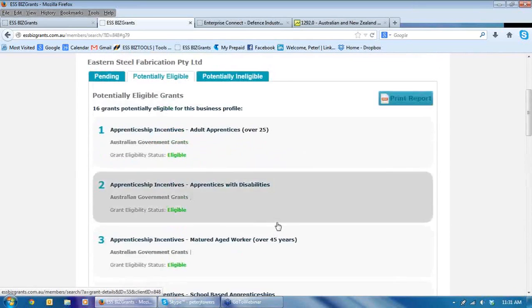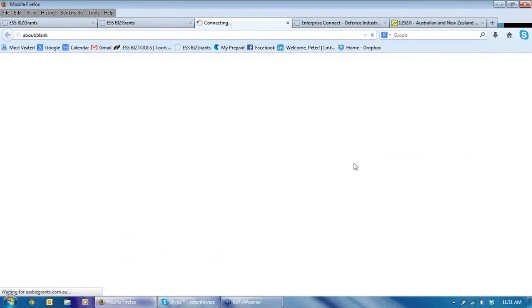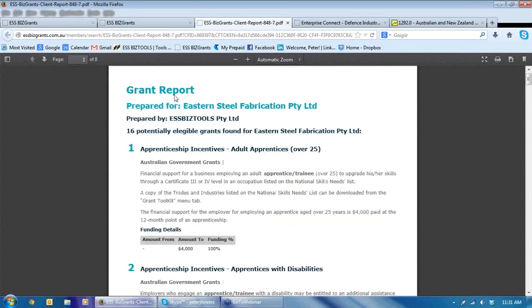So to give you an example of how all that works, you're in a situation where you can produce your final report for your client. The report will come out with the name of the client, in this case Eastern Steel Fabrication. Prepared by would be your name, the name you've lodged into the system when you subscribe to ESS BIZGrants.